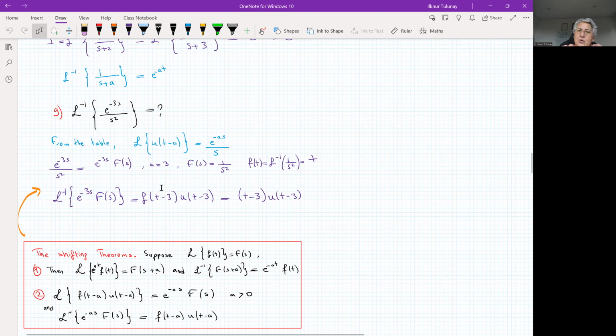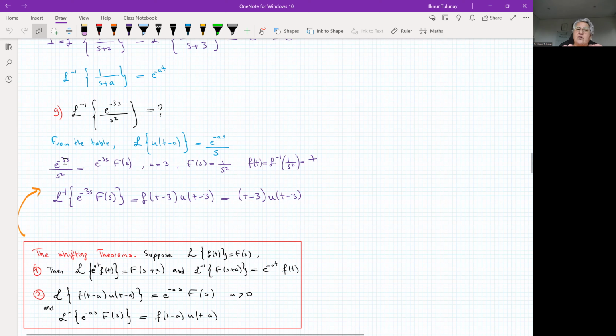But what is f(t) here? It is just t. So f(t minus 3) is just t minus 3. I'm just substituting this knowledge into here. That's all I'm doing. Is that clear? It is basically the substitution done in the right way. I hope it is clear.